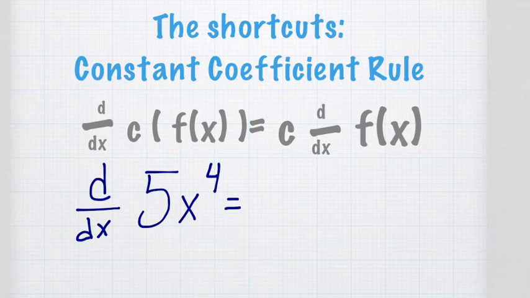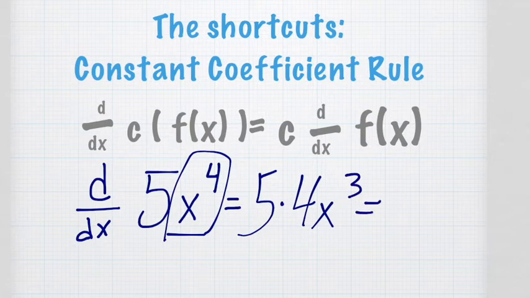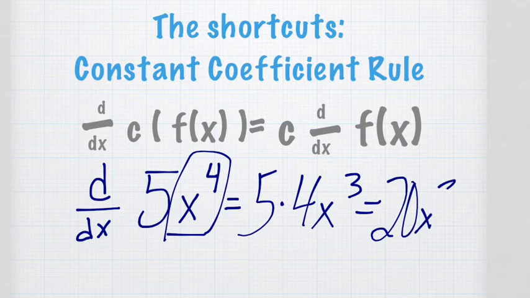So if you have to find the derivative with respect to x of 5x to the 4th power, you would take that 5, multiply it by the derivative of x to the 4th, so that would be 4x to the 4 minus 1, so that would be 3. So that's going to equal 20x to the 3rd.